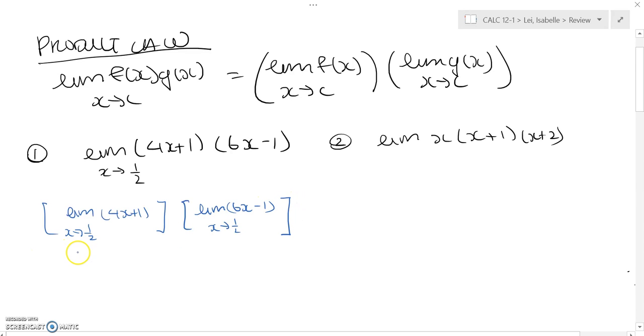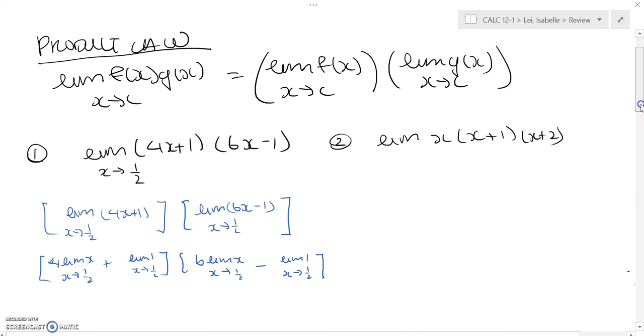And then using the constant and the sum laws, we can break this up into 4 times the limit of x as x approaches a half plus the limit of 1, multiplied by 6 times the limit of x as x approaches a half minus the limit of 1 as x approaches a half.